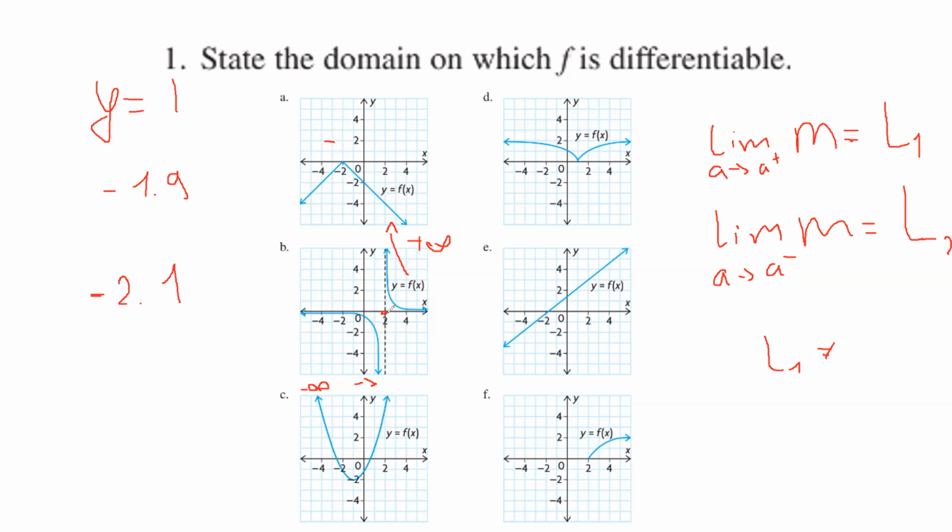Furthermore, when x equals 2, the function is not defined. I bet this function looks like this: 1 divided by x minus 2. You see, if x equals 2, it's 1 divided by 0. Do you see that?